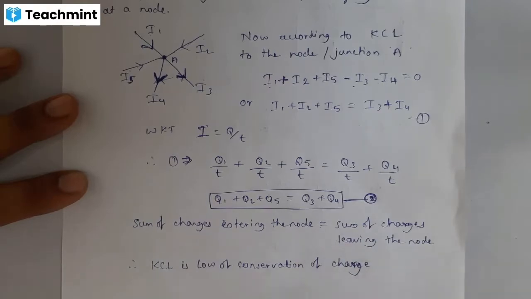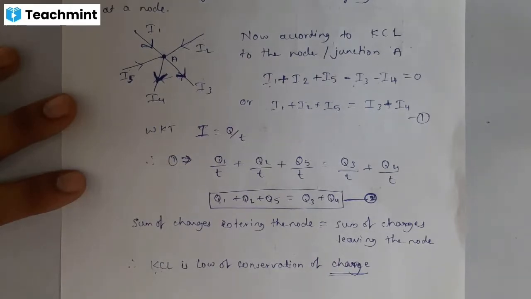So you can say that charge is conserved here. No charge is wasted here. Whatever charges entered, the same charges exit the node. So you can call KCL, Kirchhoff current law, just a law of conservation of charges.